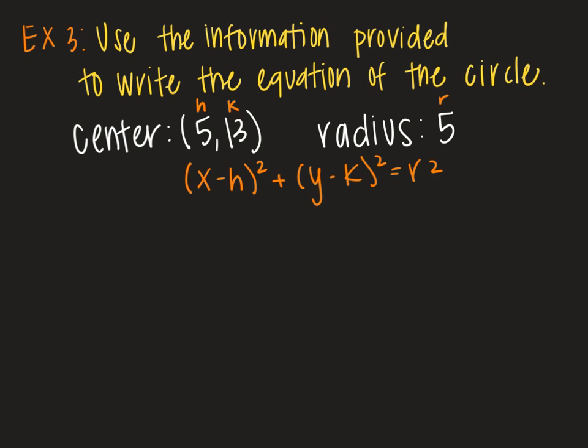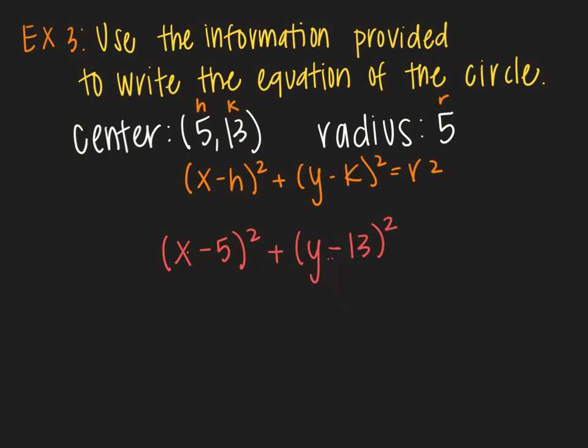This negative stays as it is. So I have x minus h, which is 5, squared plus y minus k, which is 13. Remember that the signs that are right here do not change.